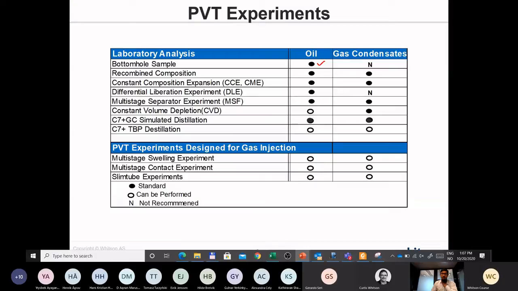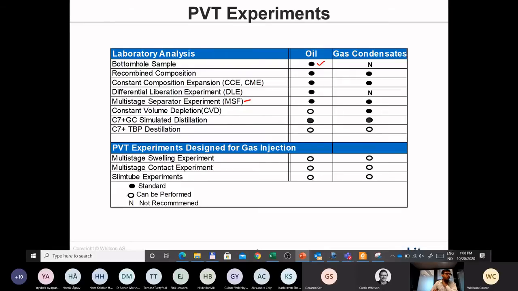If this experiment is done for a gas condensate, then the gas condensates have to be very rich or near critical, so they give you more separator oil. If it's a very lean gas condensate and you do a multi-stage separator test in the PVT lab, you get very small volumes of separator oil, which are very hard to measure accurately.